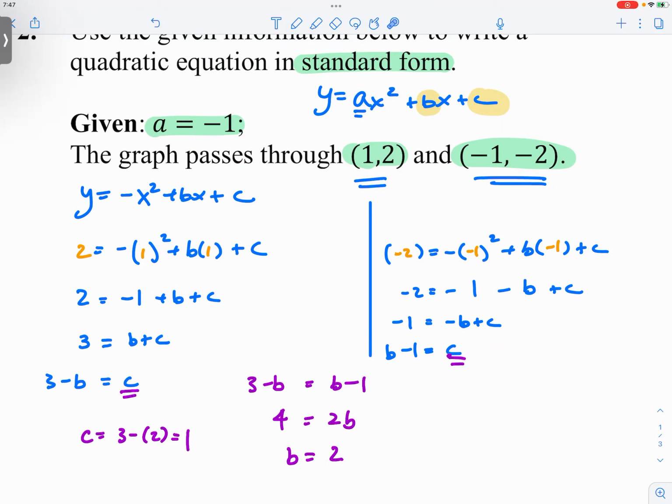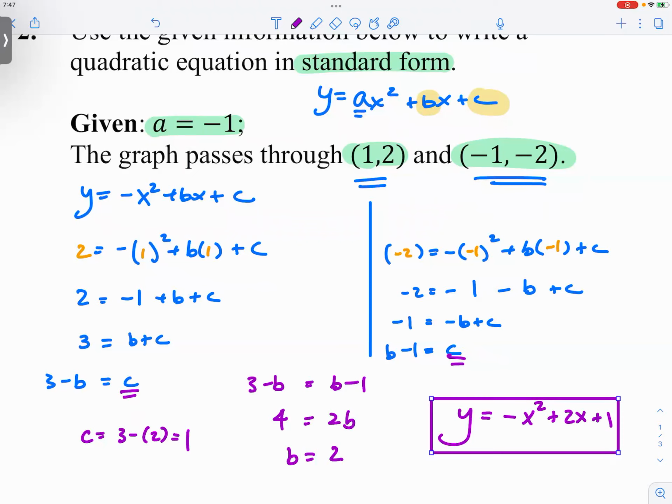So what is our final equation? The standard form is going to be negative x squared plus 2x plus 1. Okay? So that's how you know. But again, if you don't know what standard form is, that's going to be hard.